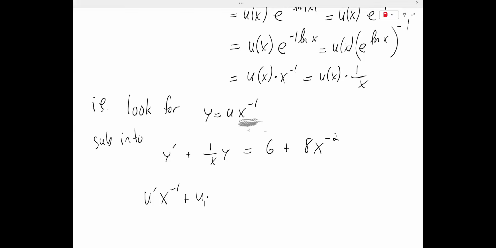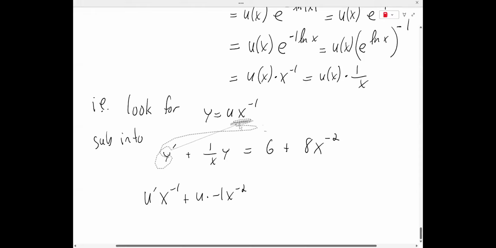So what's the derivative of this one? That'd be negative 1 x to the negative second. So that's using the product rule to take the derivative. Plus, now this 1 over x is x to the negative first. I'm going to use a lot of negative exponents here.